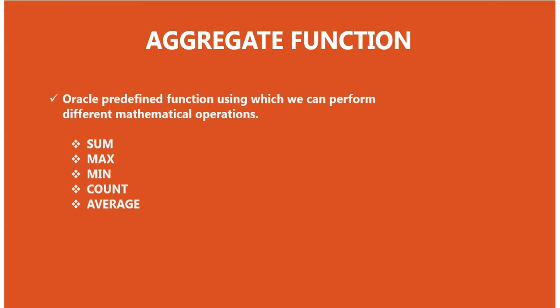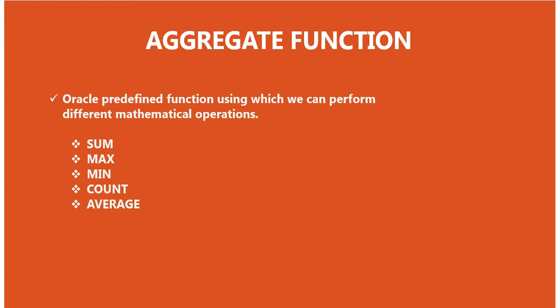The aggregate functions are sum, max, min, count, and average. Max means maximum, min means minimum. So these five operators are known as aggregate functions.